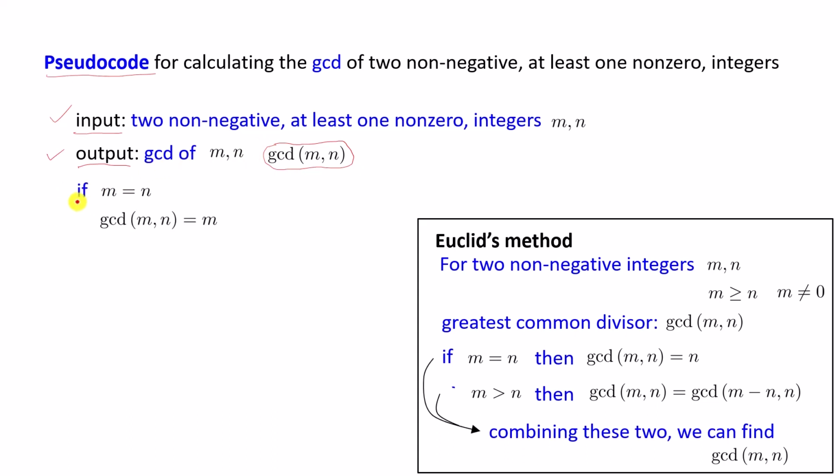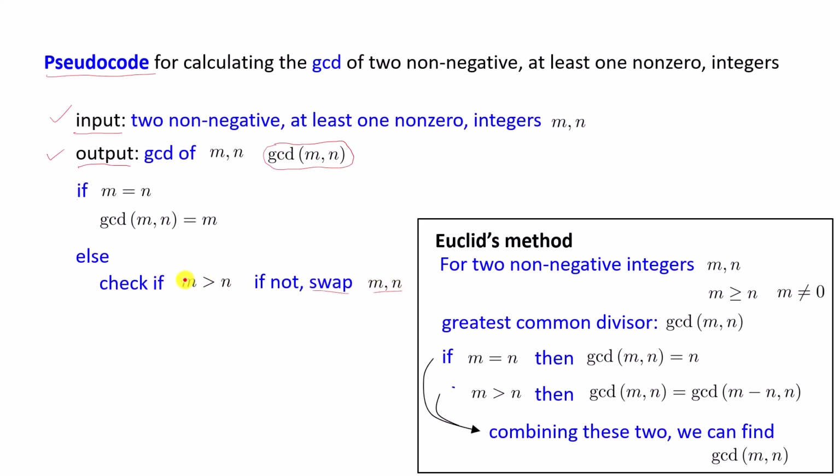So what is my logic here? My logic here is that if m equals n, GCD mn is equal to m, or you can write n. They mean the same because m and n are equal. However, if it is not, so else we have to check if m is greater than n. If not, we swap m and n.